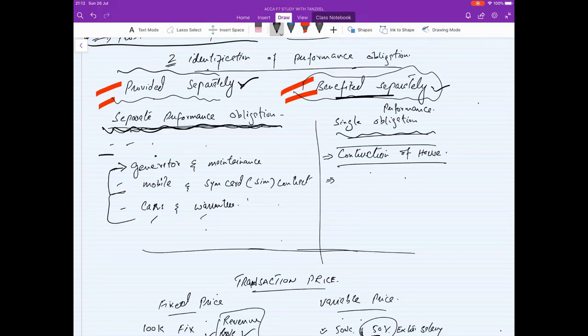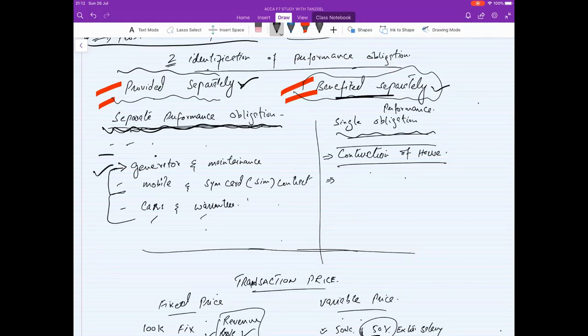If these conditions are met, this is a separate performance obligation, two performance obligations. If you buy generator and maintenance from me, then I have two performance obligations. I have a liability to give you the generator plus two years of maintenance service.